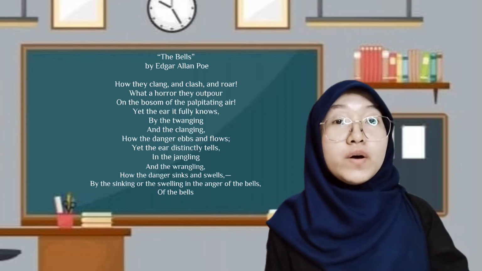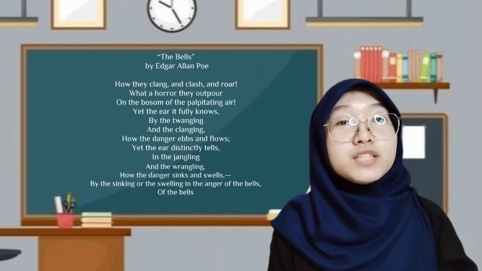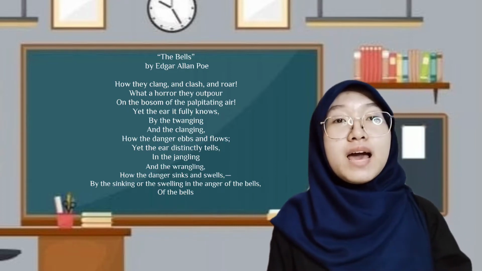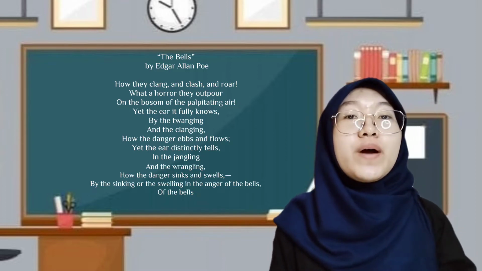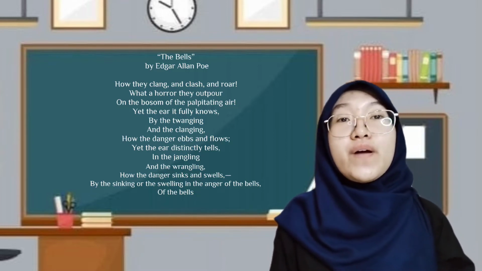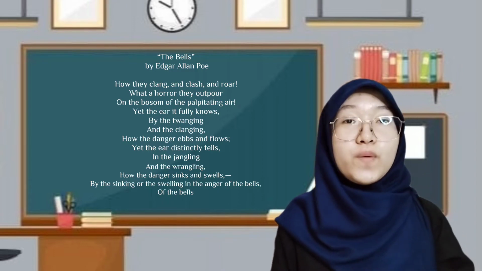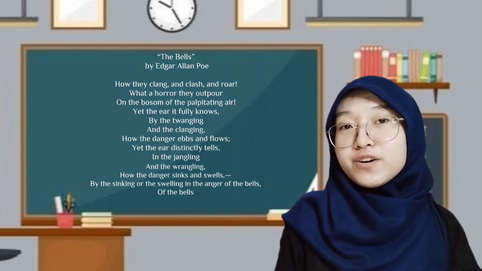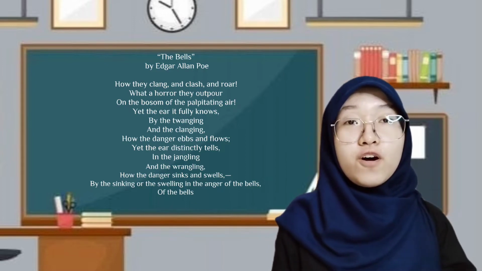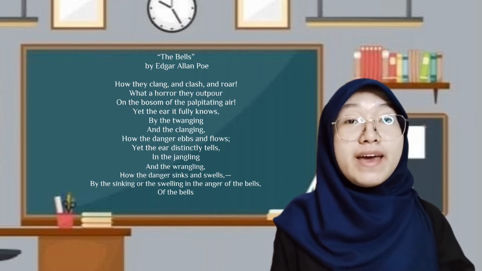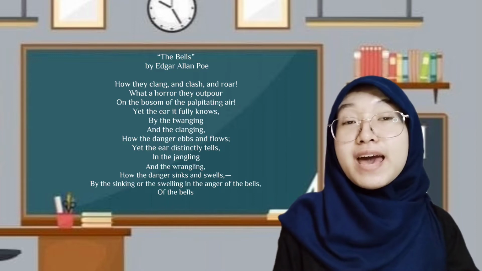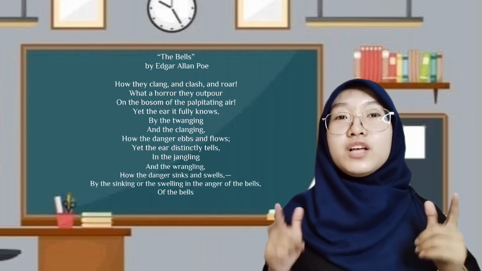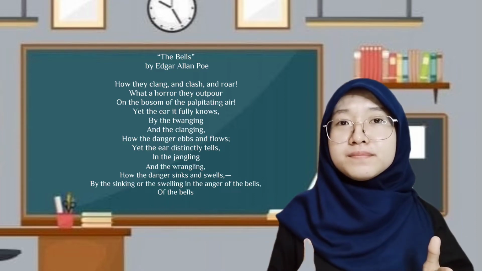So, Poe describes bells which clang, clash, roar, twang, jangle, wrangle, sink, and swell. Such strong descriptions of their ringing serve to evoke feelings of horror, danger, and anger in this dramatic and eerie passage. Do you get it, guys?